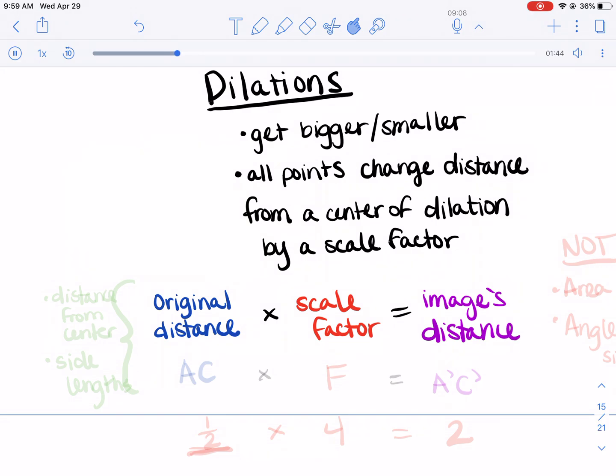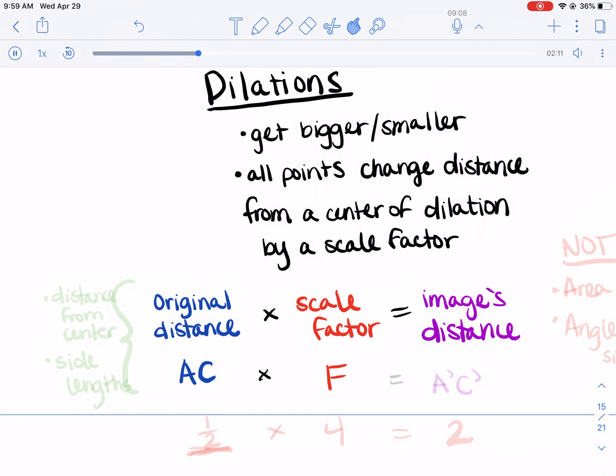If you were to look at your points on your shape, they're obviously not going to say original, they're actually going to have letters. So another way we could write this is that if we have a point A, its distance from the center, or C, is represented by AC. Really easy. So the not primes, I'm going to call our scale factor F, but it's usually just one number.